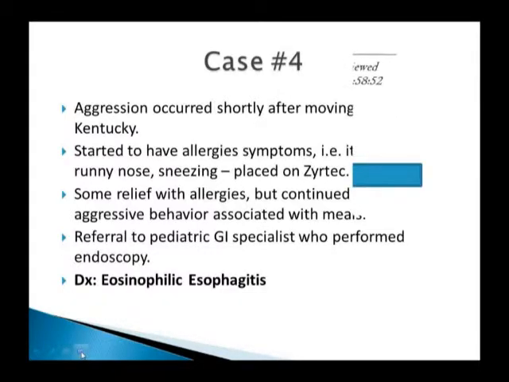And eosinophilic esophagitis is an inflammatory condition in the esophagus where the eosinophils, part of the immune system, start to infiltrate into the mucosal lining of the esophagus. And this is just a biopsy report from this particular child where they're talking about intraepithelial eosinophilia, documenting this particular condition.